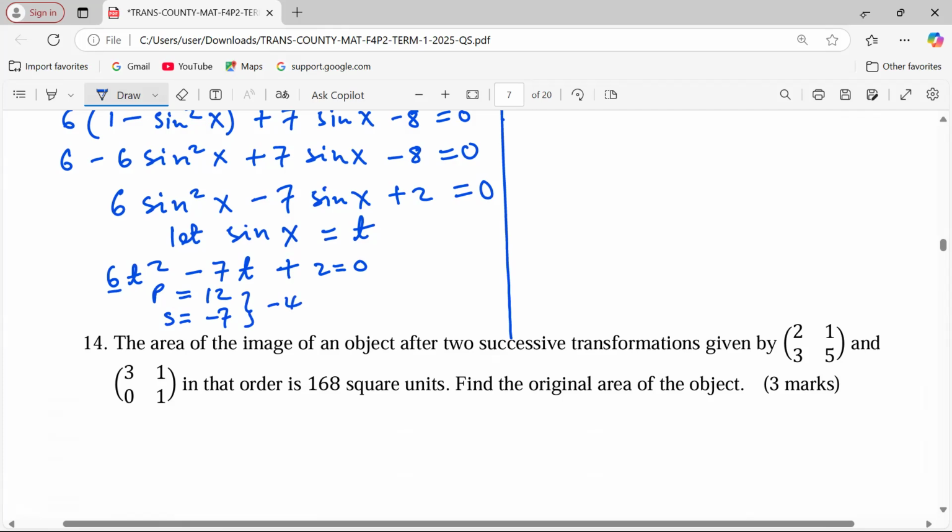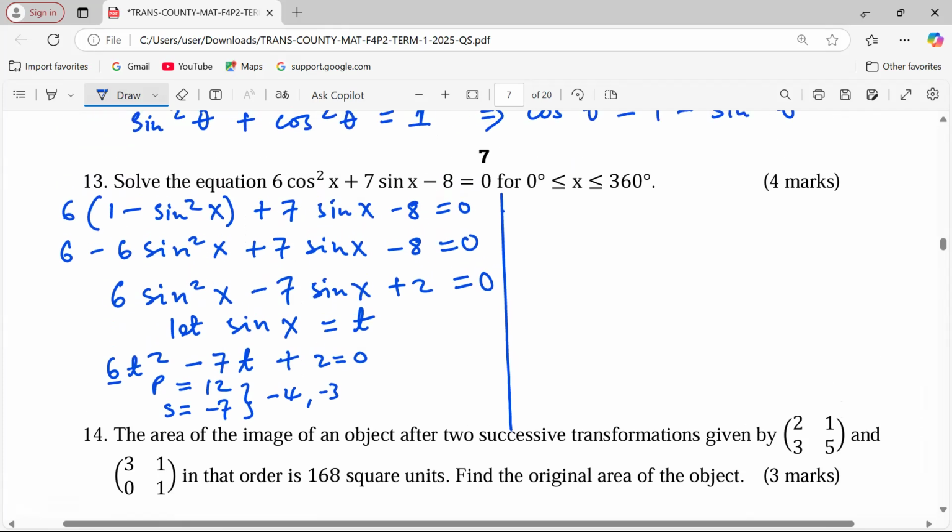So negative 4 and negative 3. Those are the factors: when multiplied, positive 12, when added, negative 7. So now 6 t squared, minus, instead of 7t, we replace it with negative 4t and negative 3t, then we have the positive 2 equals 0.